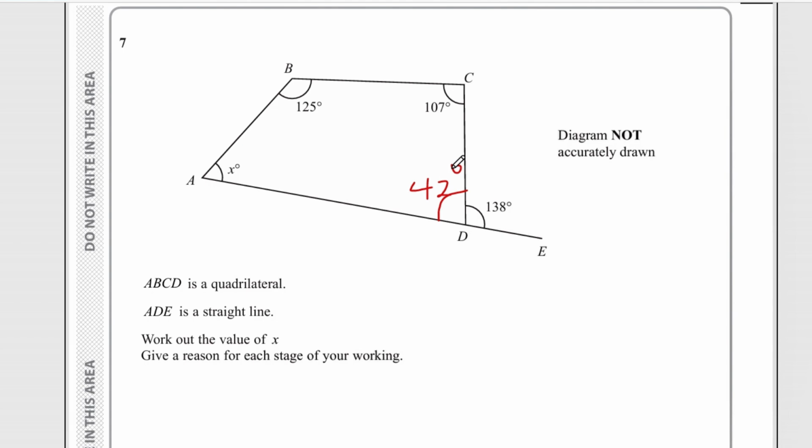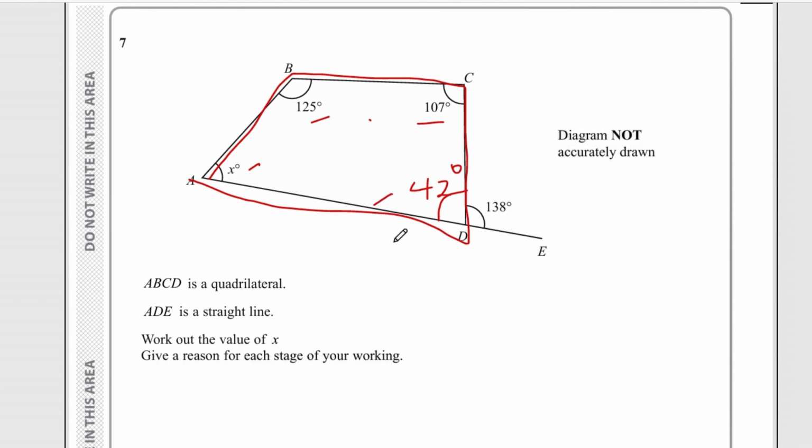Now the next thing: the sum of angles in a quadrilateral is 360 degrees. This is a quadrilateral, it has 4 sides. When you add up the 4 angles, including this one and the 42, you should get 360. So how do you get x? Add the other 3 you have and take away from 360.